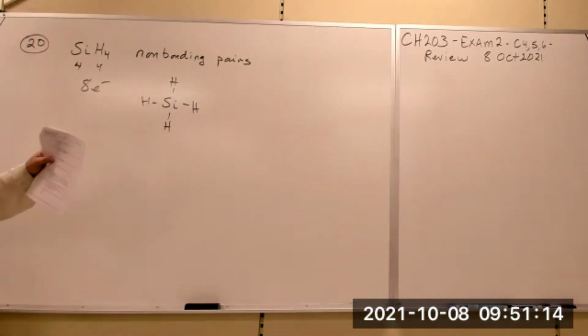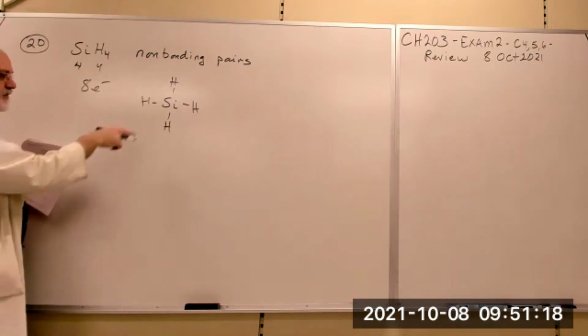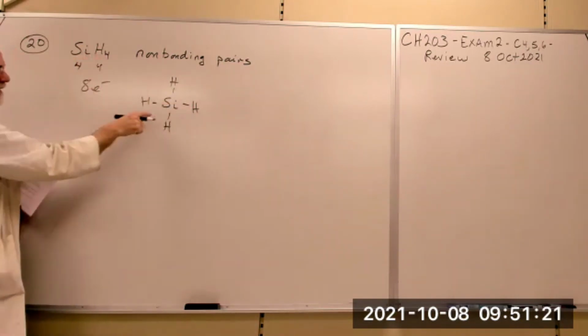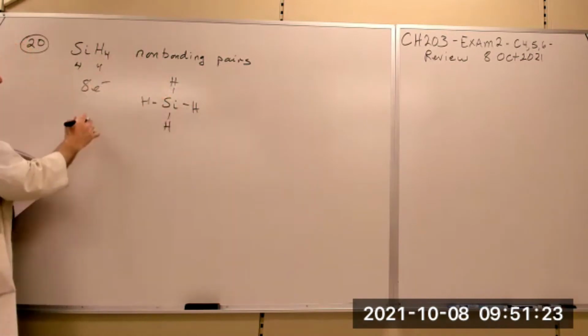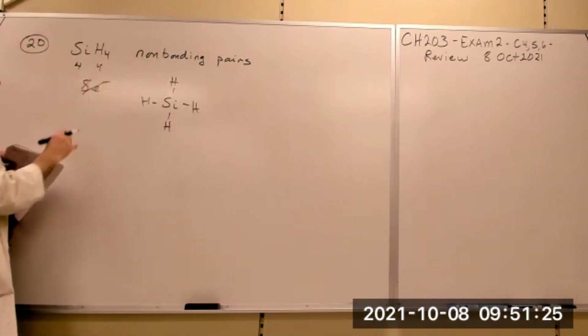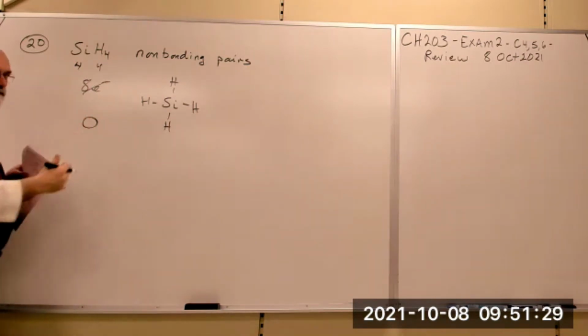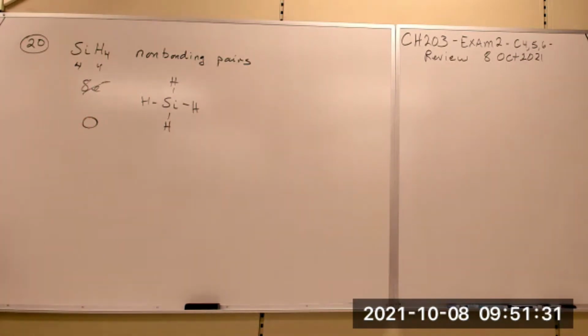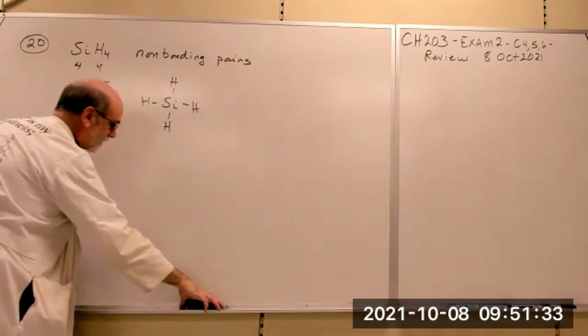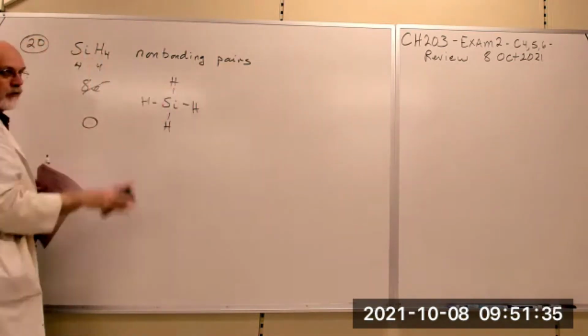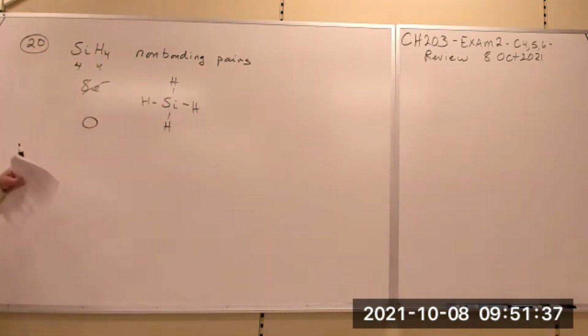You can't put hydrogen in the middle of anything because it can only form 1 bond. So this one's an easy setup. 2, 4, 6, 8. That's it. We're done. Used them all up. Non-bonding pairs is 0. And there are 1, 2, 3, 4 bonding pairs. In case that question comes up.